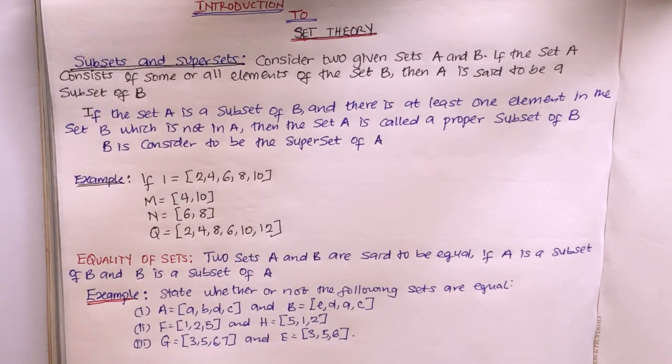You understand now? Let's say set A is JSS1 arts. Set B is SS1 science. You get now?